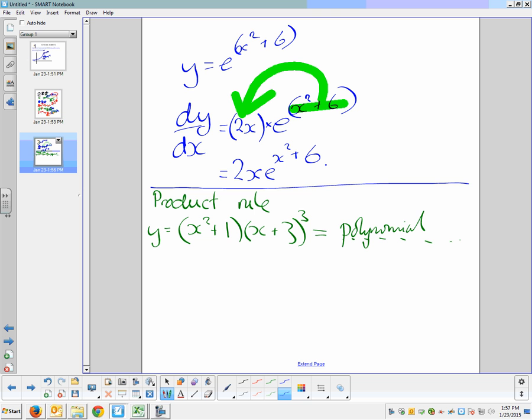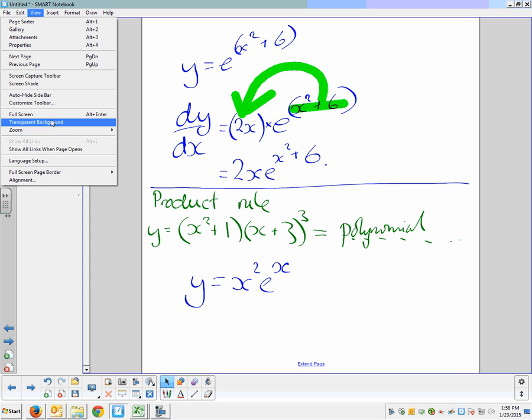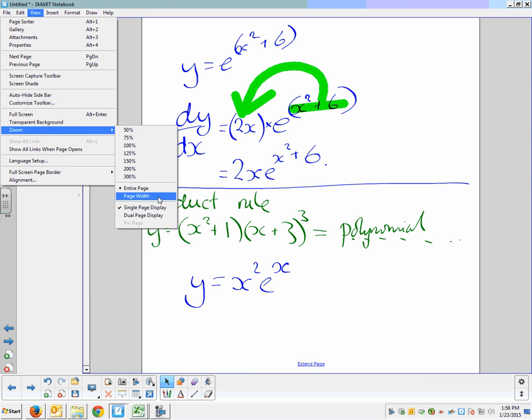But now if I have an expression that's a product, like x squared e to the x, there's no option except to use product rule to differentiate that, because there's no way you can expand out x squared e to the x.